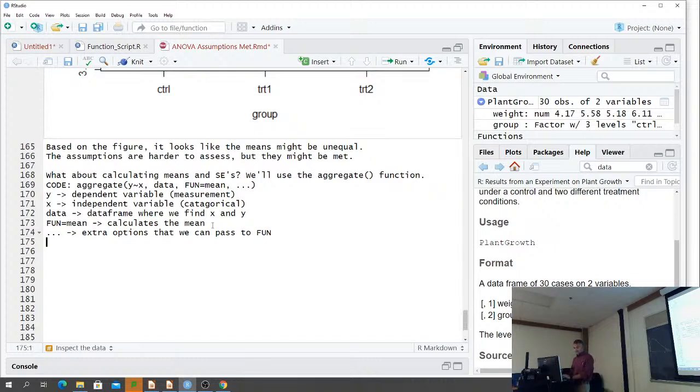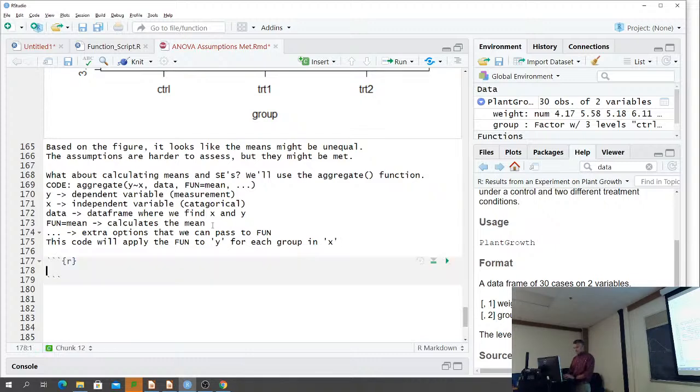So for this example, this code will apply the function, whatever function we tell it, to the y variable for each group in x. So if we have the mean function, it's going to apply the mean to our y variable for each group in our categorical variable.